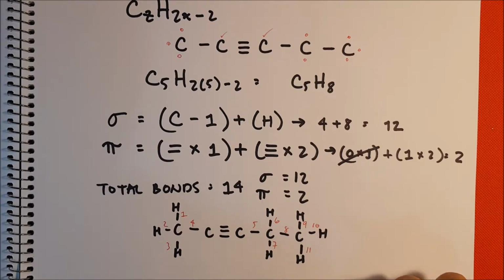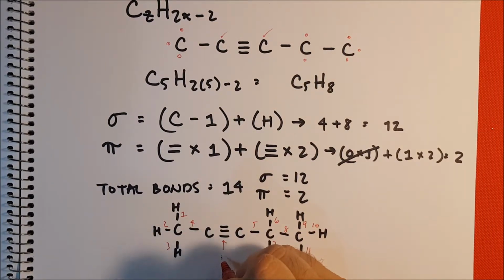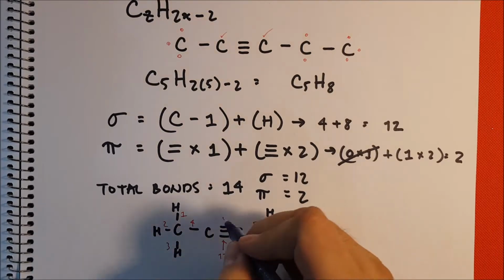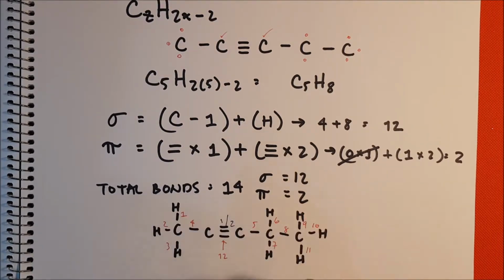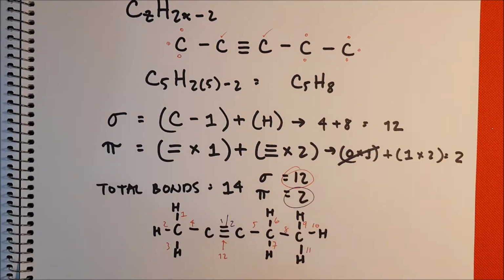Why are we missing 1? Remember, 1 of the bonds in the triple bond is sigma, so this is our 12th bond. And where are our pi bonds? 1 and 2. And that's how we prove what we're doing is correct.